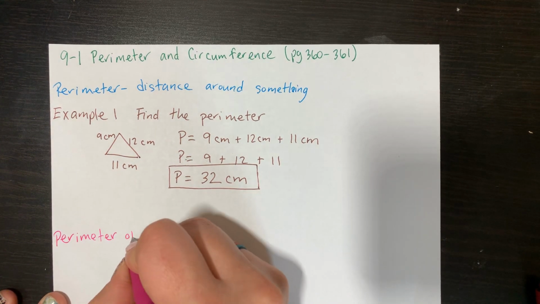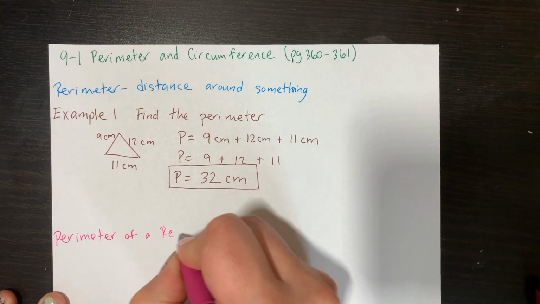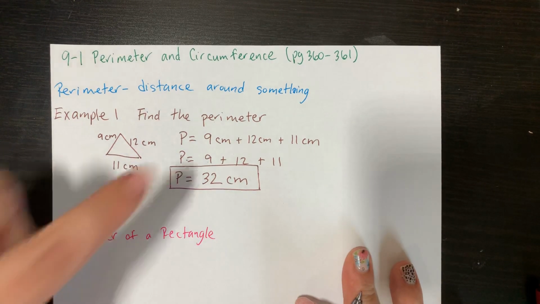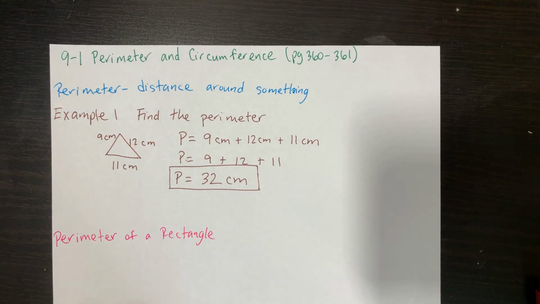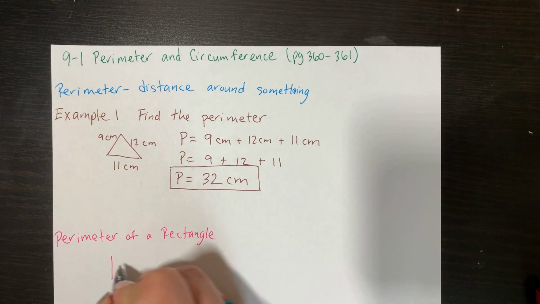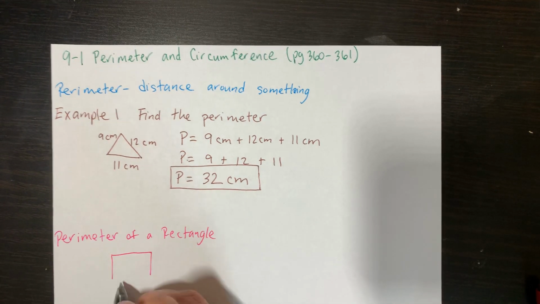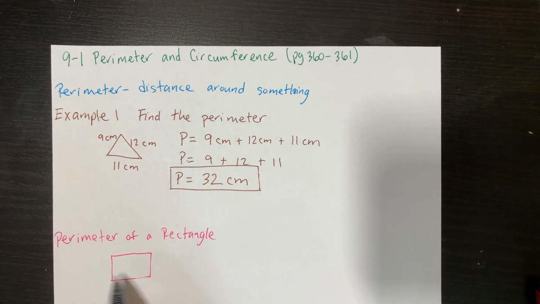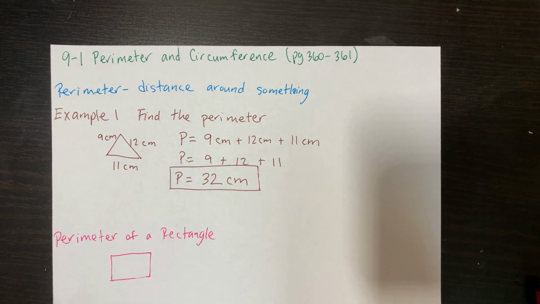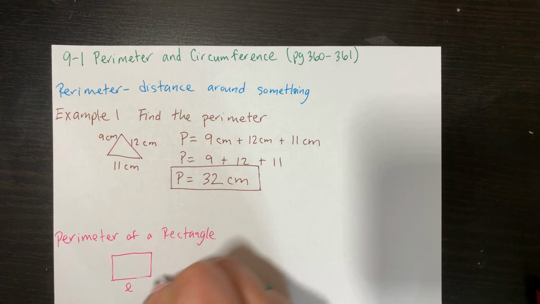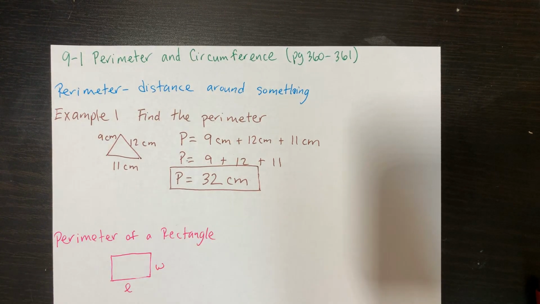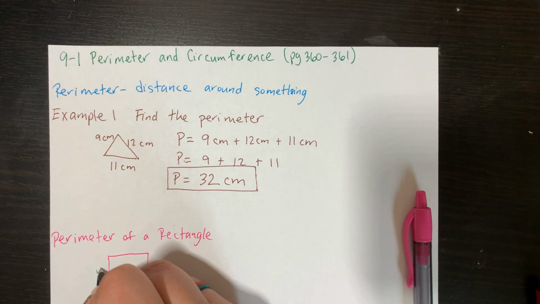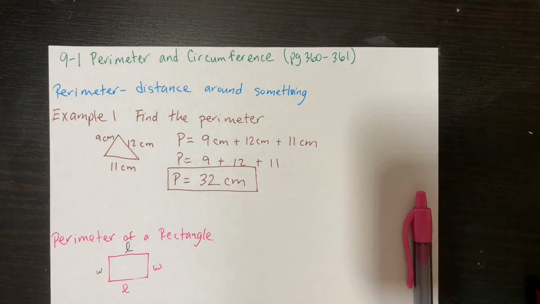Perimeter of a rectangle you can find by doing this, adding up all the sides, or what we notice with our rectangle is that we have 2 sides that are the same and 2 sides that are the same. So if we label this, okay, let's label the other sides too, because they're the same side.